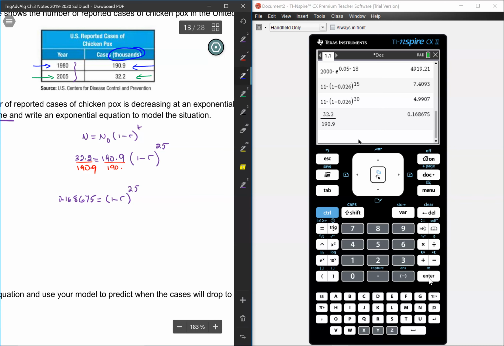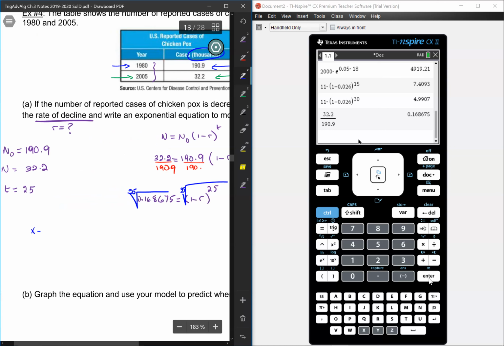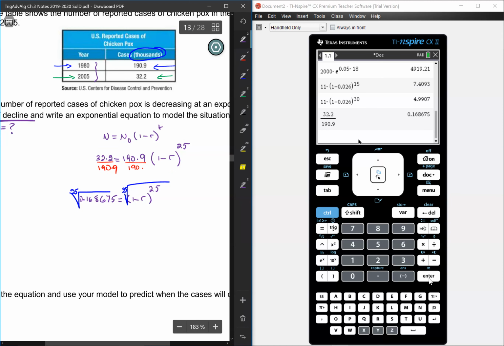Okay, now how do I get rid of an exponent? Root 25. So root 25. Why? Because if I have like x squared or x cubed equals 7, what do you do? Cube root, right? Same thing. So now look at how I'm going to do this though. On this right side, I'm just going to end with 1 minus r.